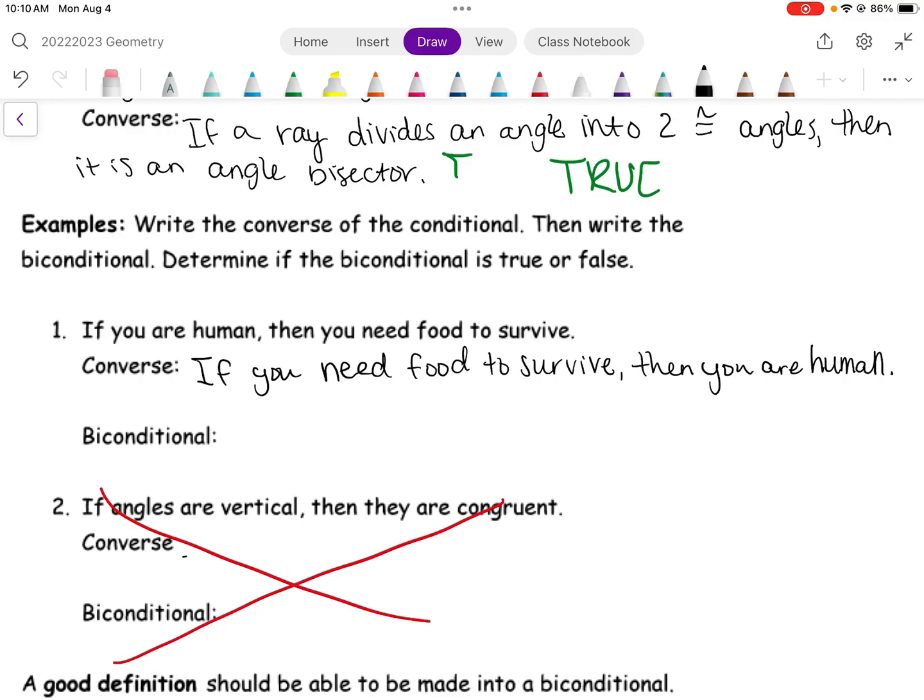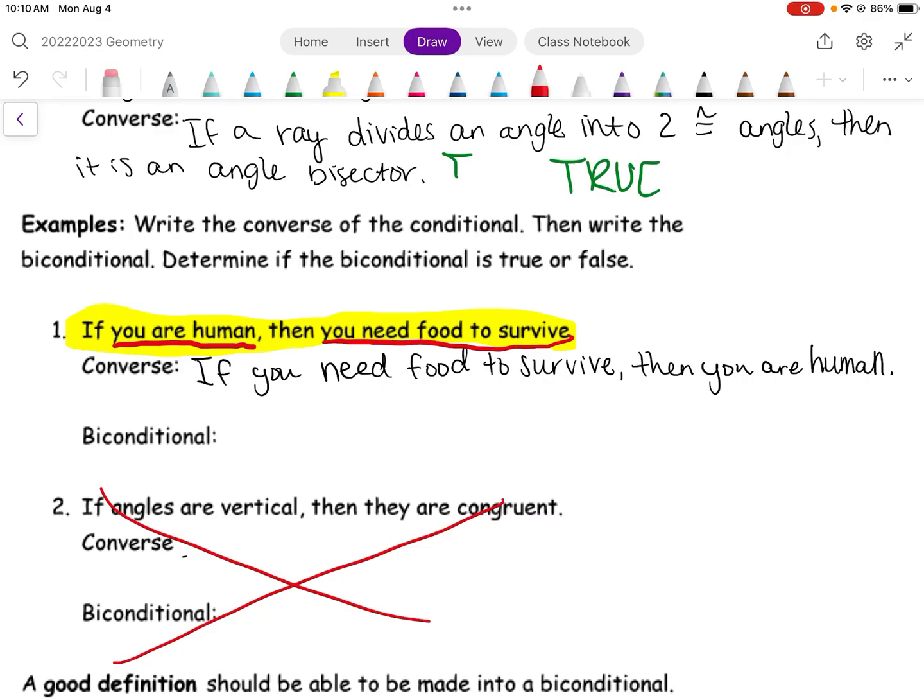Okay, now let's write the biconditional. We haven't done one of these yet. Remember, the biconditional is the if and only if statement. So it kind of has if and only if in the middle, and then it has the hypothesis and the conclusion on both sides. I'm going to write that from the original statement, not the converse. So here was the hypothesis. Here was the conclusion.